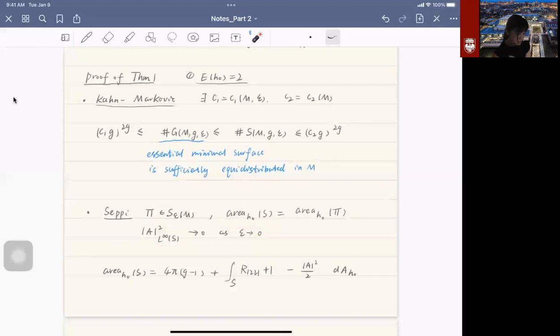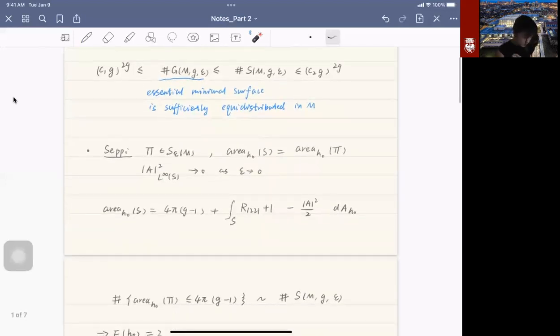And now we can also deduce a formula for the area of S. We have that because we can start with the sectional curvature restricted to S, which is -1 plus 1.